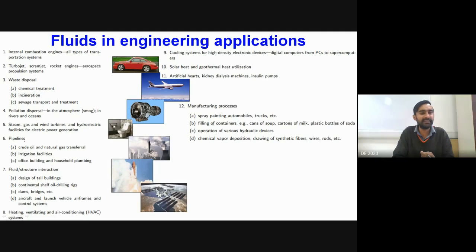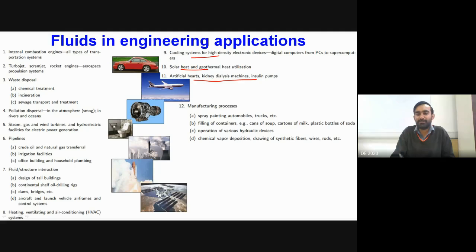Then we have pipelines where we transport crude oil and natural oil. We have many applications involving fluid structure interactions. We have heating, ventilation, and air conditioning systems in our home as well as office appliances. All these involve the occurrence of fluids, as do cooling systems, solar heating systems, artificial hearts, kidneys, etc.